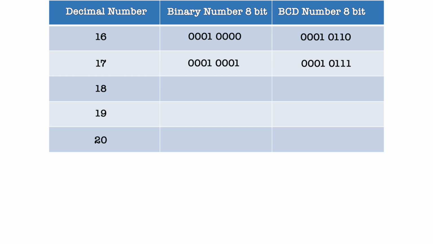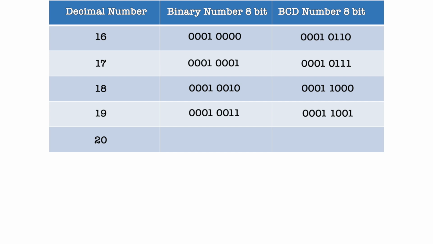Similarly, 18 in binary is 10010, but in BCD it is represented by 0001 1000. Similarly, 19 in binary is 10011, or in BCD it is represented by 0001 1001.